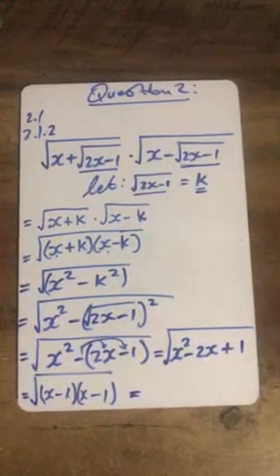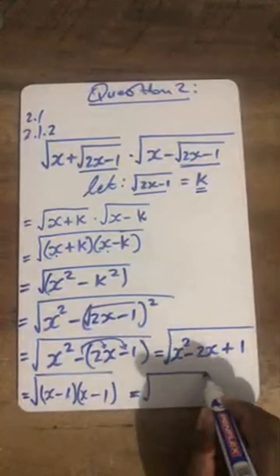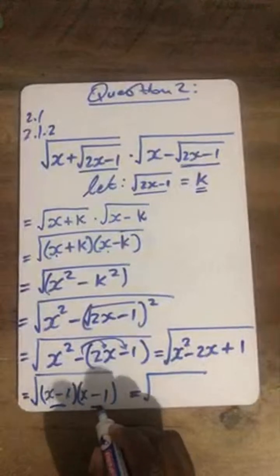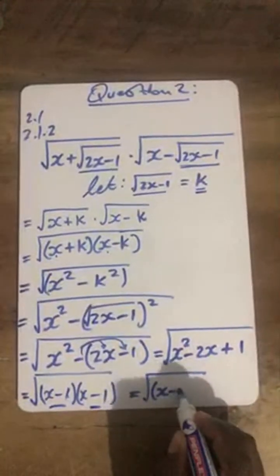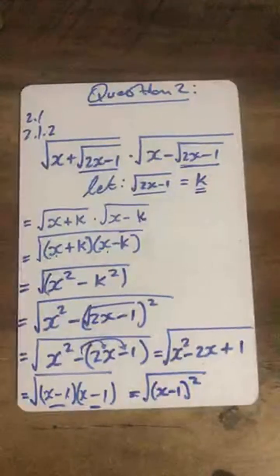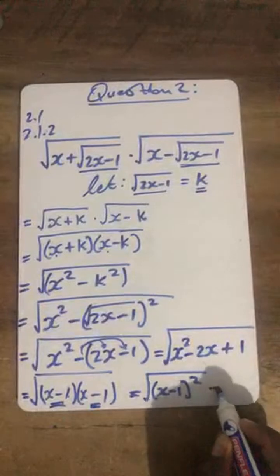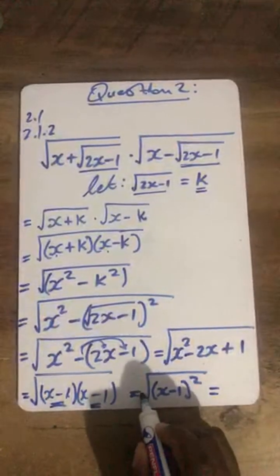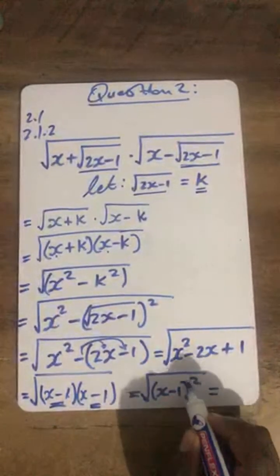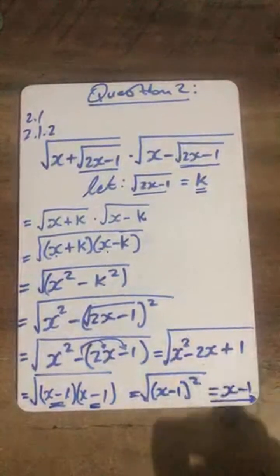But can you guys see, can we not just write this as x minus 1 squared? We can, because this is the same thing. Why did we do that? It's so that we can now say this square root cancels with that squared, and then we just have x minus 1 as our final answer.